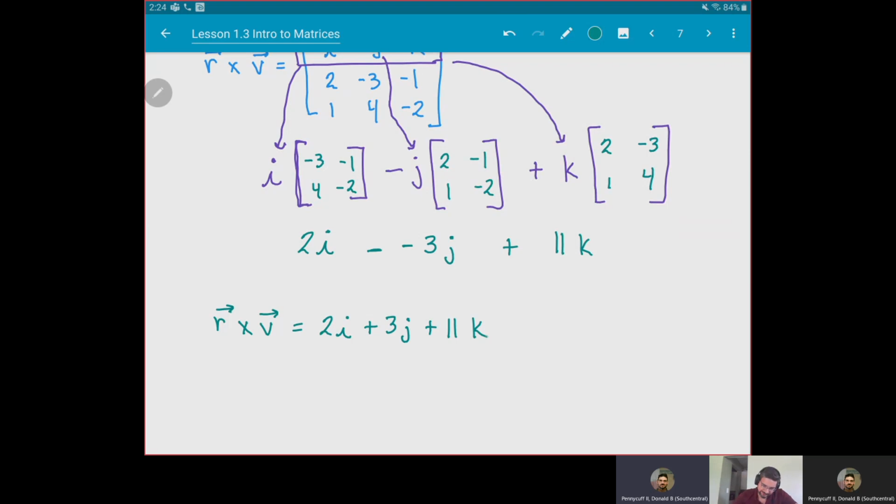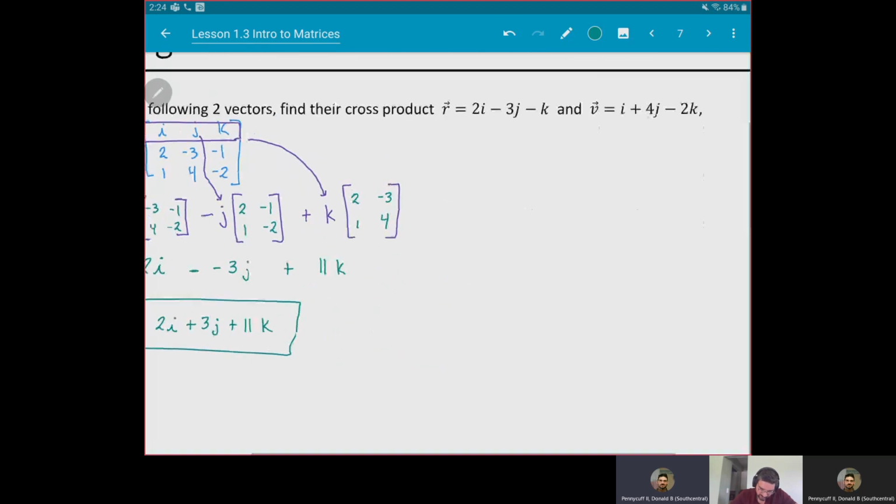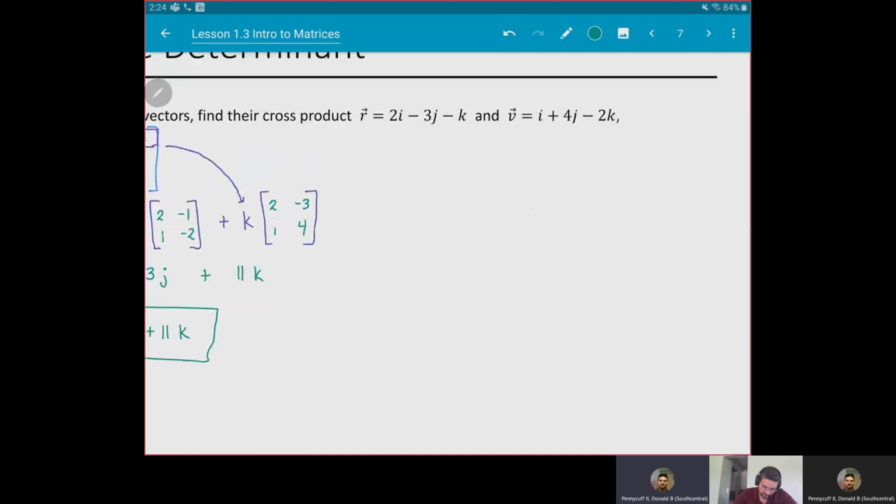Now, to give you an idea of what we're actually finding, this right here is the answer. And this is something that we'll do again in Calculus 3. Let's say that R is this vector right here. Remember, a vector starts at the origin and goes off in one direction. So there's R. And let's say that V goes off in a completely different direction, also from the origin.